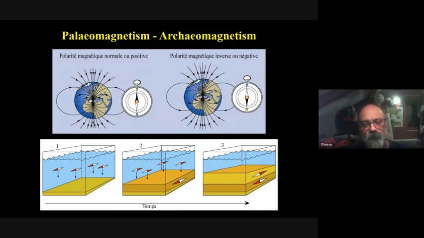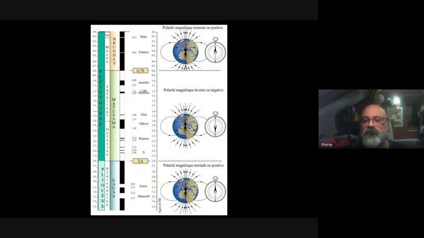This inversion of Earth's magnetic field, it is recorded by different geological elements, lava flow, but also sediment, and it is possible to determine the record polarity and to know if the level you are working on is in a normal polarity, like today, or inverse polarity. So it allows to put your sample in this kind of big chronology.